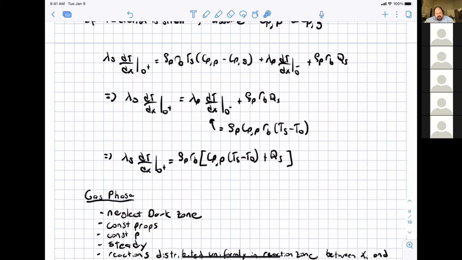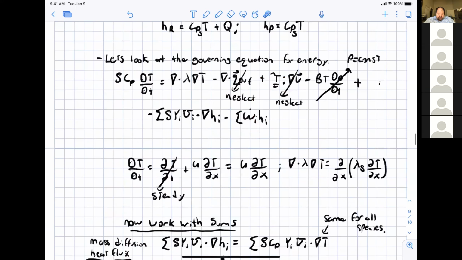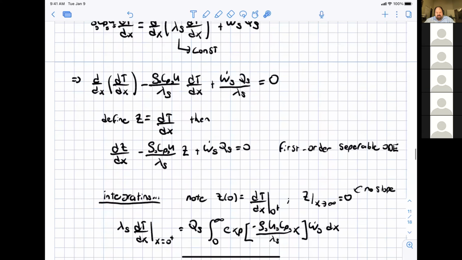We are going to integrate the gas phase energy equation using our assumptions, and substitute that result into here. So really all we're after is the temperature gradient itself. So that's what I'm going to do.